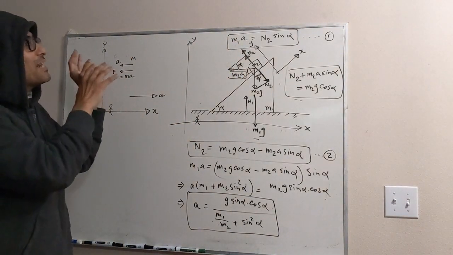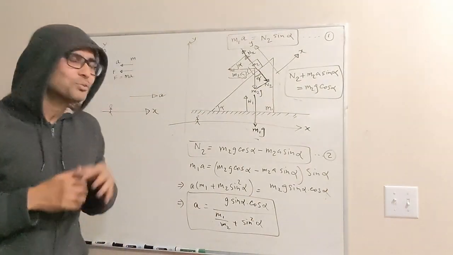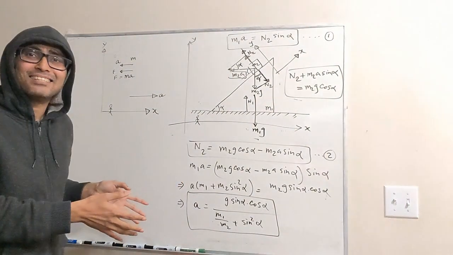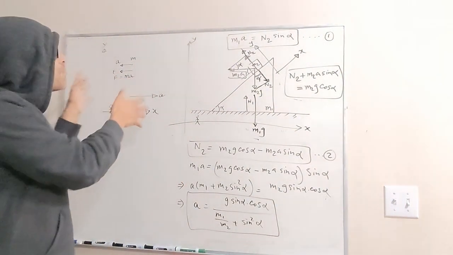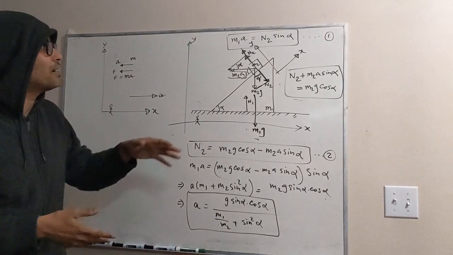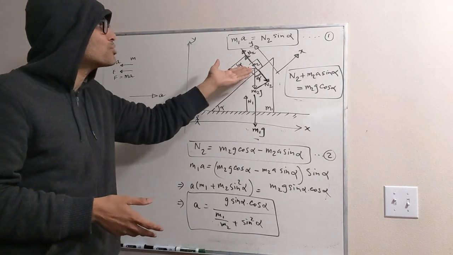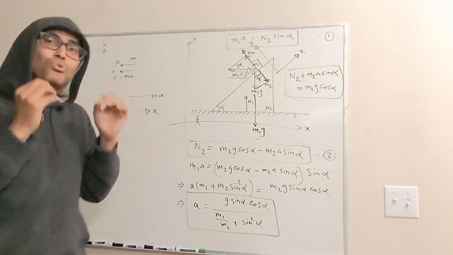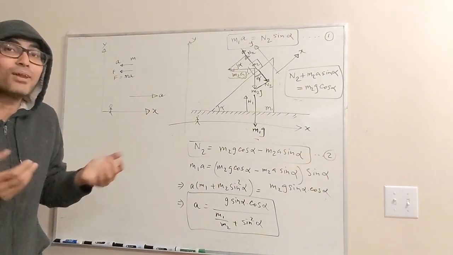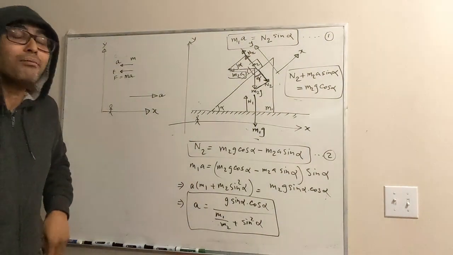And once you are able to apply it correctly, you see how easy it is. Without this simple idea, if you just try to naively do the motion of this object, that M2 would be so complicated. And I don't know if even I would be able to solve it that way, right?